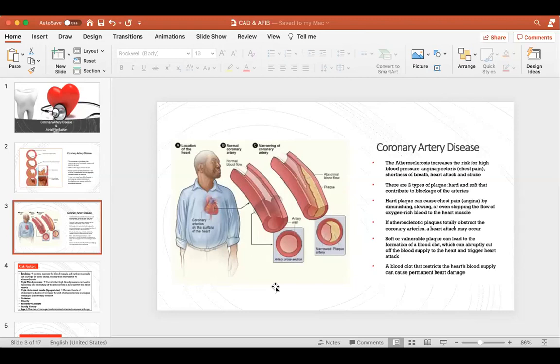If it totally obstructs the coronary arteries, then a heart attack can occur. The soft ones can lead to formation of a blood clot, which can cut off the blood supply to the heart and trigger a heart attack. A blood clot that restricts the heart's blood supply can cause permanent heart damage to the patient.